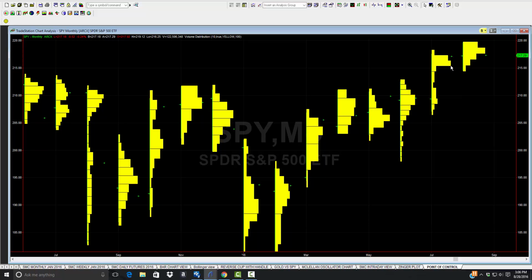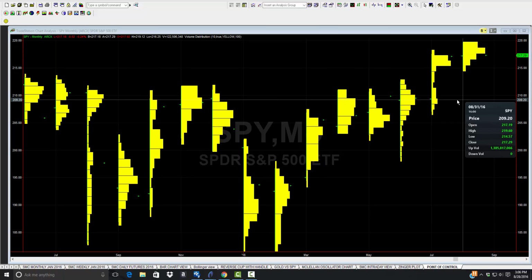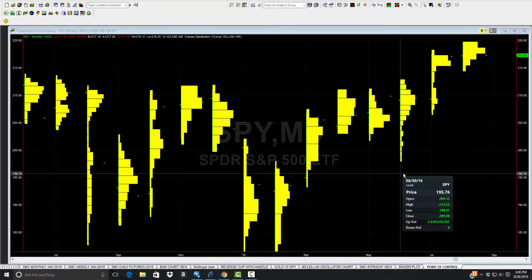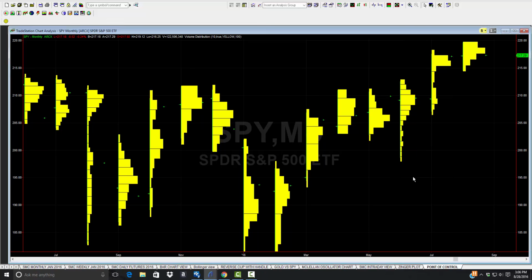So you have this area, but what's intriguing to us is that once you break 215, there is nothing in the previous month. In fact, the support would be right in here, based on the month of June, I think. Yeah, this is June.